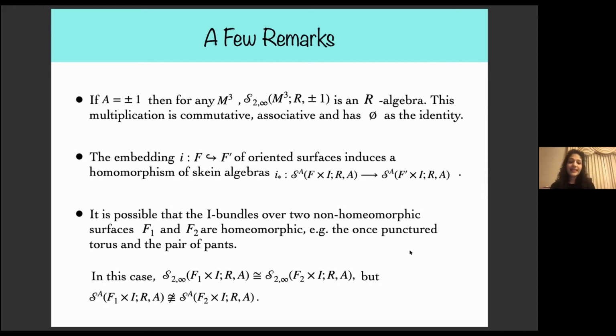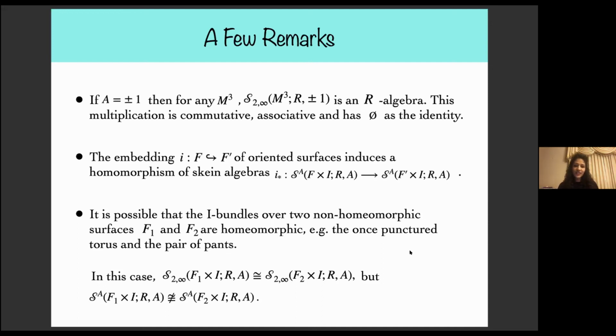And in this case, the Kauffman bracket skein modules are isomorphic to each other, but the Kauffman bracket skein algebra depends on this I-bundle structure. So the Kauffman bracket skein algebras are not isomorphic to each other. So this is a really interesting property where Kauffman bracket skein modules can be isomorphic, but the algebras need not be isomorphic.